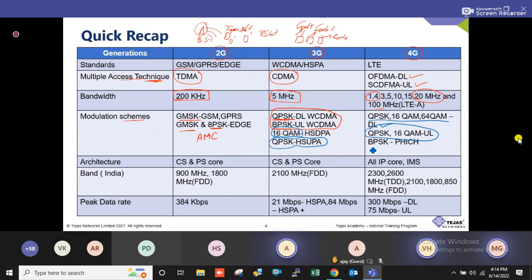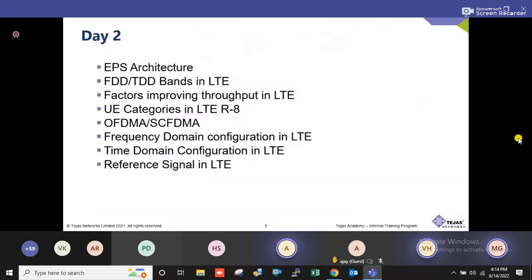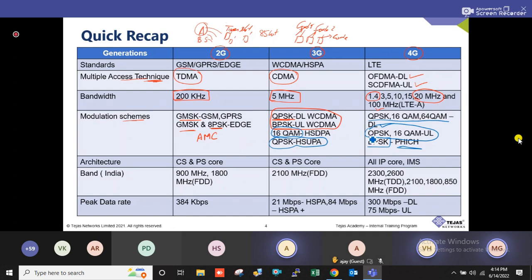There's only one channel, I'll come to this, just remember this, called PHICH, Physical Hybrid Indicator Channel, which uses a modulation scheme called BPSK. Okay? Now, let's look at the architecture point of view.